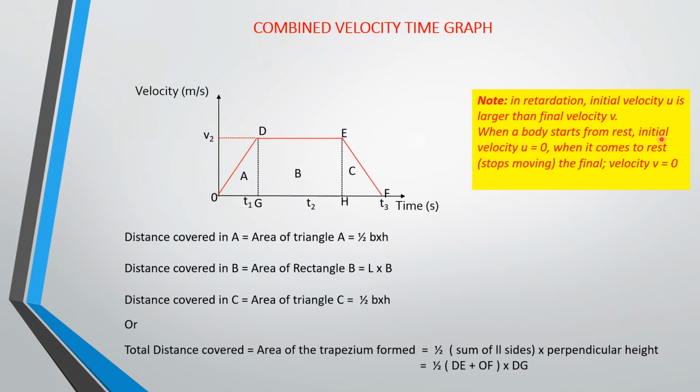And when the body starts from rest, initial velocity U is equal to 0. When it comes to rest, when it stops, the final velocity V is equal to 0. So having this point in mind, we'll now go straight to solve a problem to drive home this particular point that we have discussed.